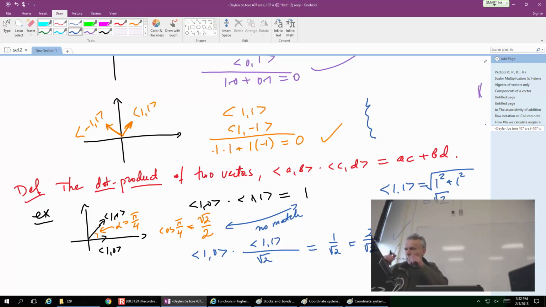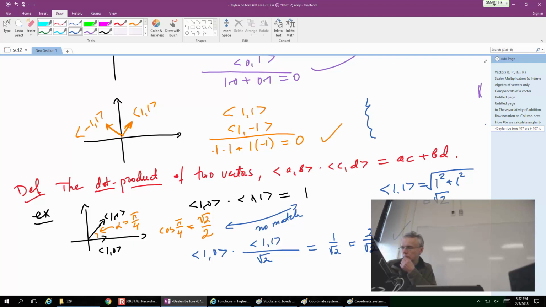I ended up upside down. 2 over square root of 2, not square root of 2 over 2. Okay, so I guess my explanation wasn't quite right.